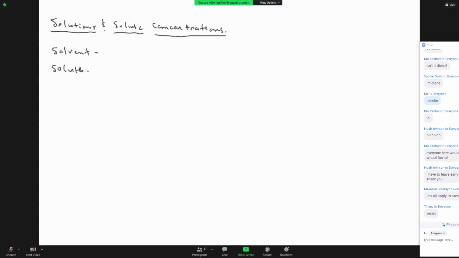The solvent is the fluid present in the largest amount. The solute is the thing that's being dissolved, so it dissolves in the solvent.